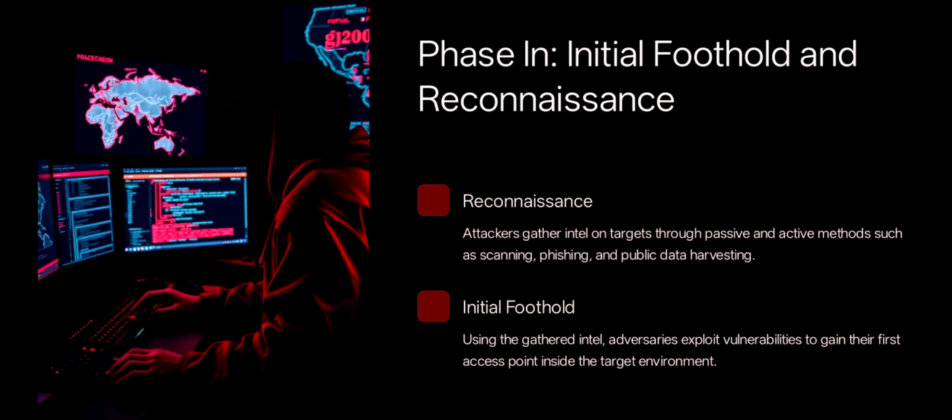1. Systems theory and entry points. From a systems theory perspective, an organization's digital environment can be modeled as a dynamic system with multiple inputs, processes, and outputs. Each input channel, e.g., email, web apps, supply chain interfaces, is a potential ingress point for adversaries. The initial foothold phase exploits these channels to inject entropy, introducing instability into the system.